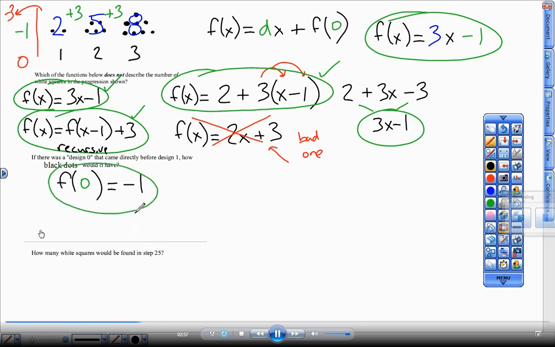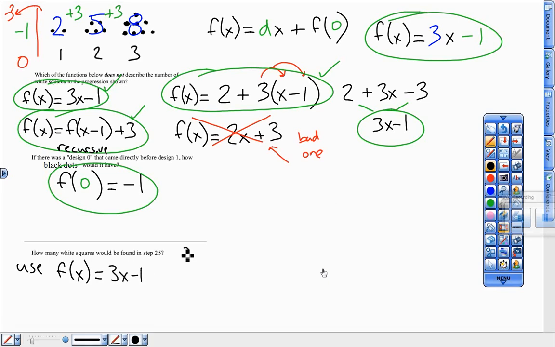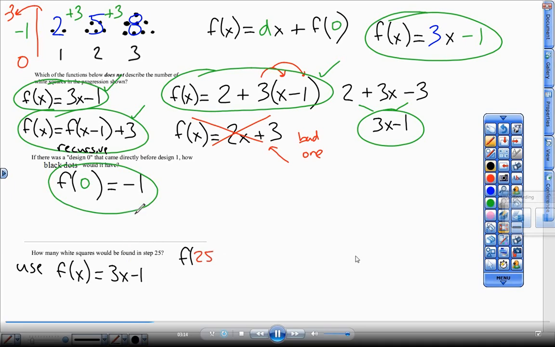To find how many squares in step 25, I'm going to use this equation up here, that 3x minus 1. And when I evaluate that, I'm going to plug in 25, not 2.5. 25 will be the same on the test.